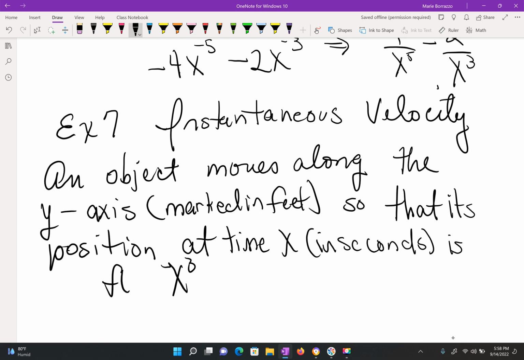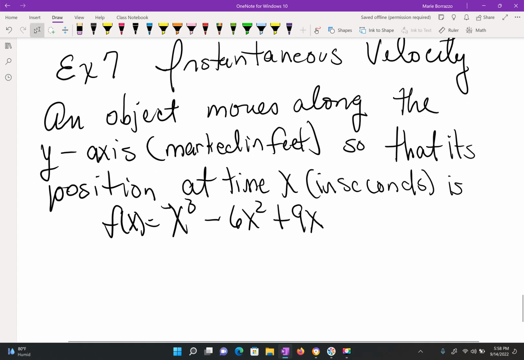So f of x, the displacement function, is x cubed minus 6x squared plus 9x. So that is the question, or at least the setup.